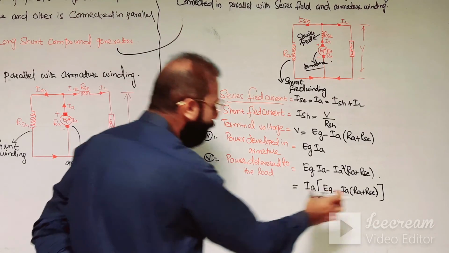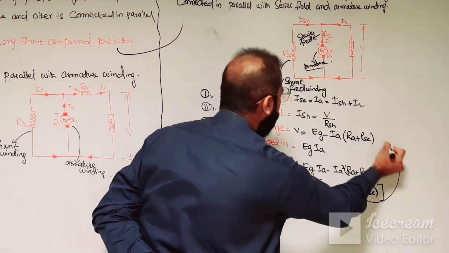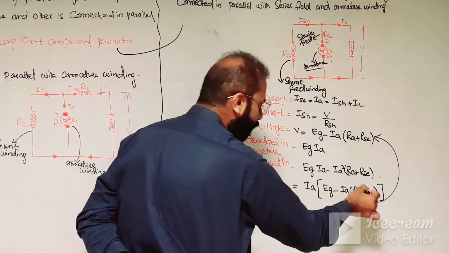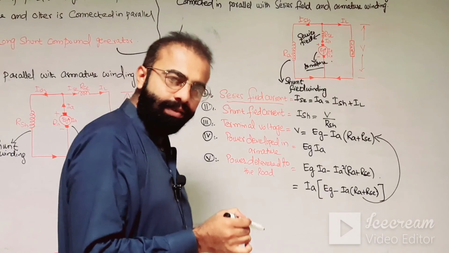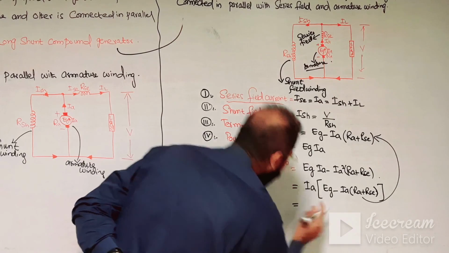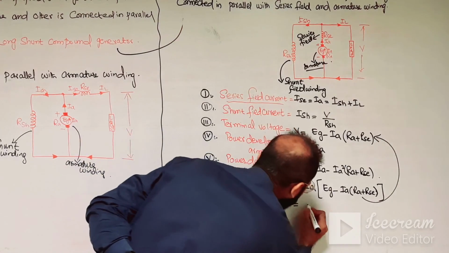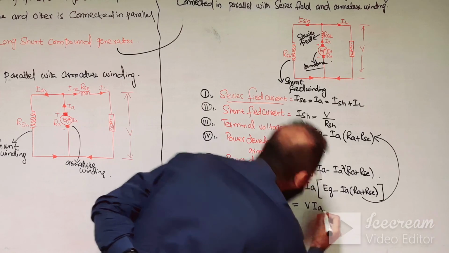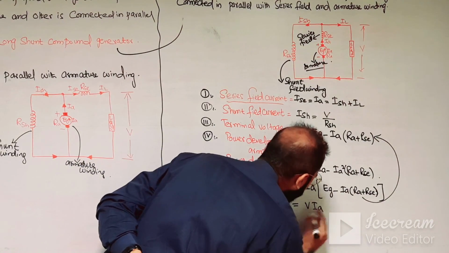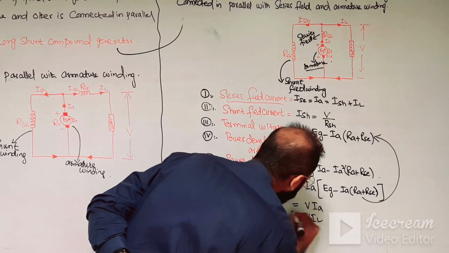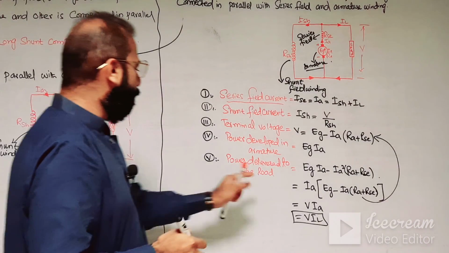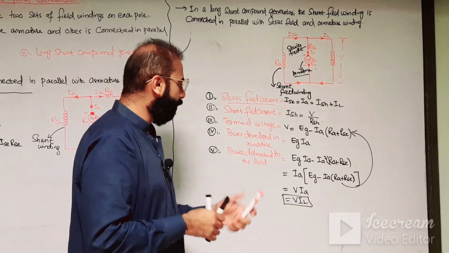As you can see, this is equal to the terminal voltage. So power delivered to the load is equal to V multiplied by Ia, or V multiplied by IL. So power delivered to the load is equal to the terminal voltage multiplied by the load current.